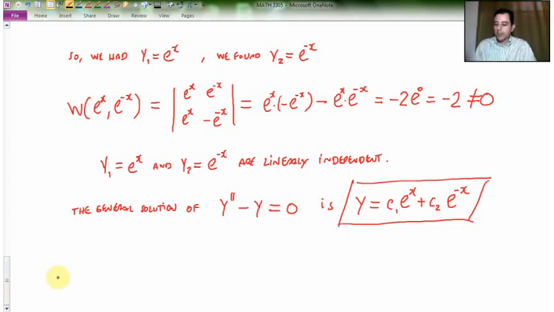What if we have any second order linear ODE?